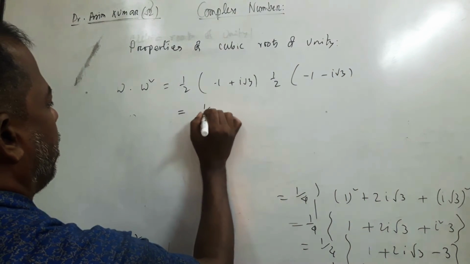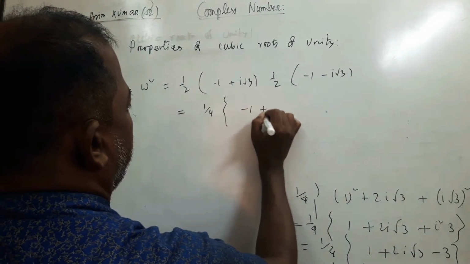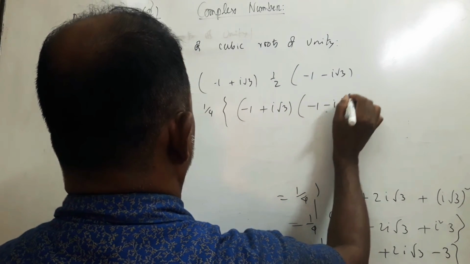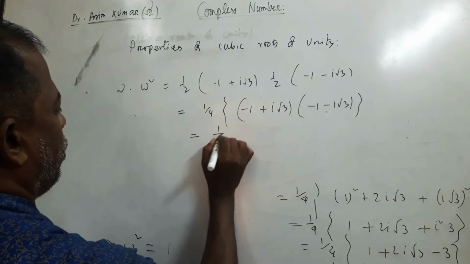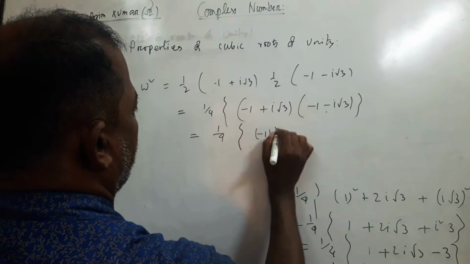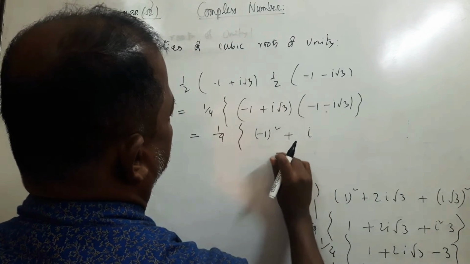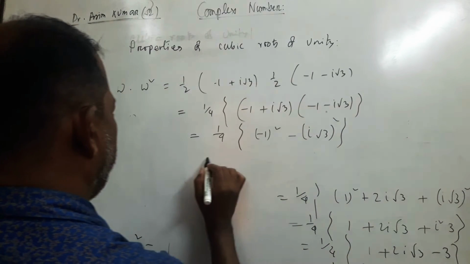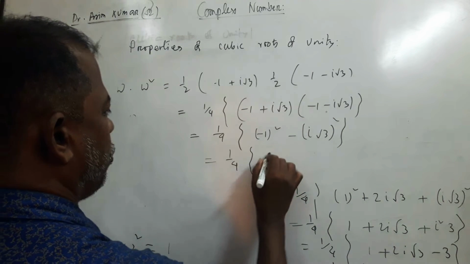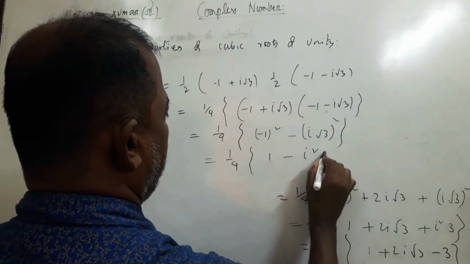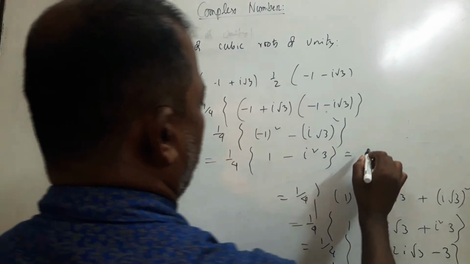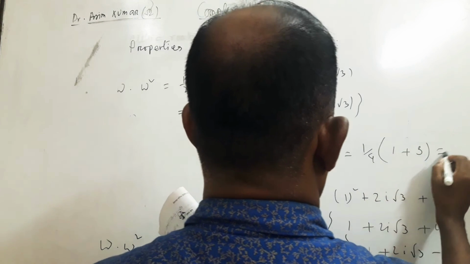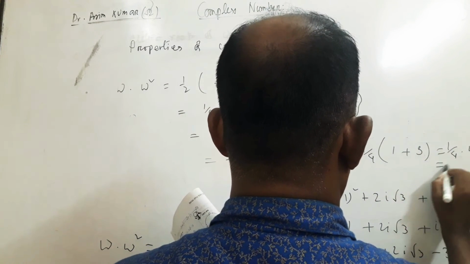Their product equals 1 by 4 into (minus 1 plus i root 3) into (minus 1 minus i root 3), which is 1 by 4 into ((minus 1) squared minus (i root 3) squared), which is 1 by 4 into (1 plus 3), equal to 1 by 4 into 4, equal to 1.